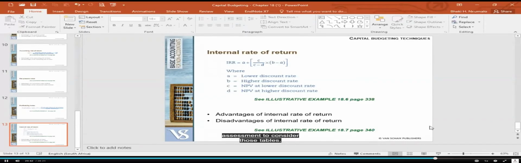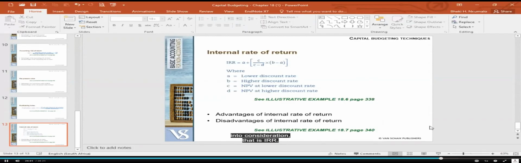So there are advantages. The first advantage of using internal rate of return is that it considers the time value of money. It is simple and makes the concept easy to understand. All cash flows are taken into consideration. But when it comes to the other method, we focus on the profit made by the company.